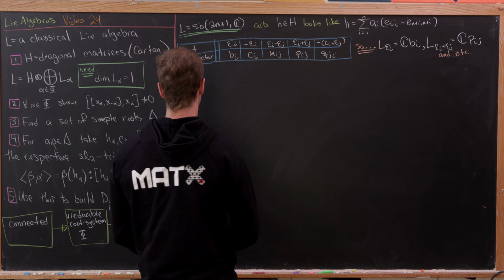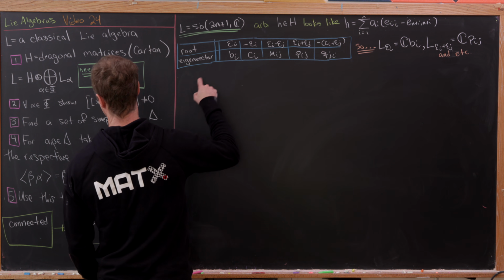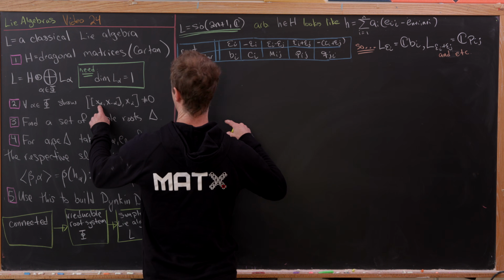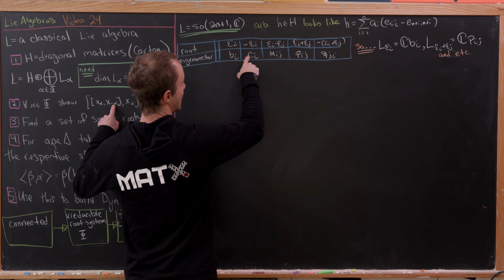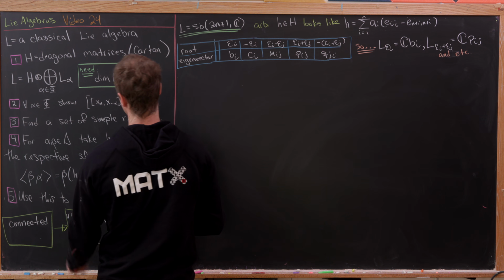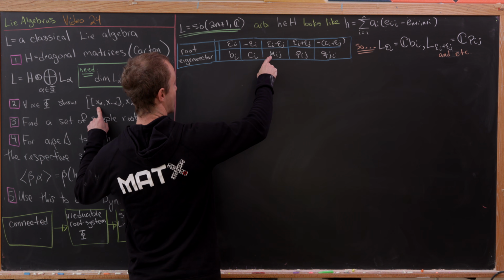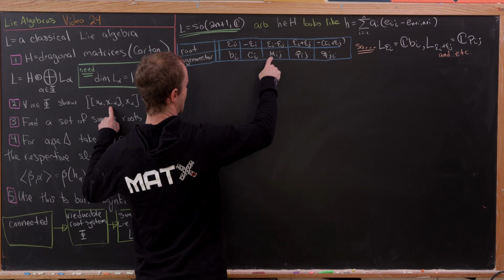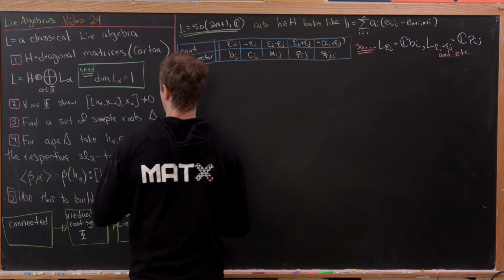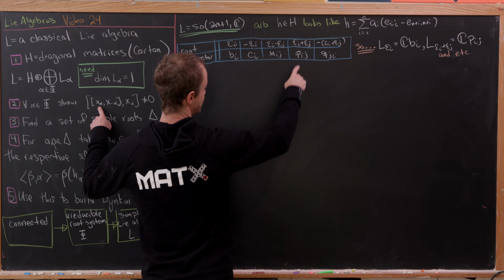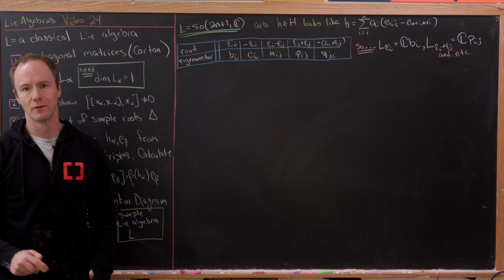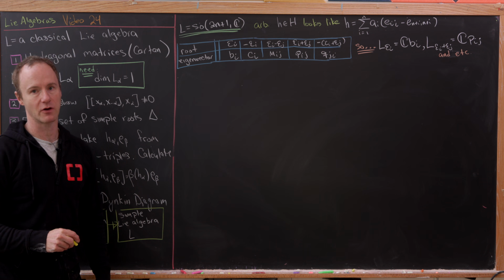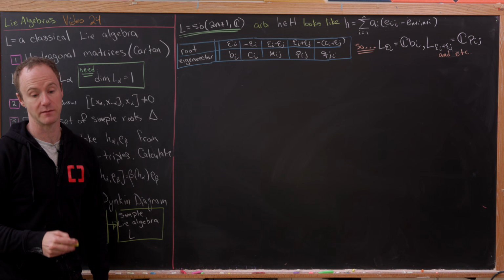So in this case, for instance, if you have x alpha to be bi, then x minus alpha will be ci, just by how these things go. And then if x alpha is mij, then x minus alpha is mji. And then if x alpha is pij, then x minus alpha will be qij. And like I said, you just have a bit of a calculation to do, but it's very elementary.